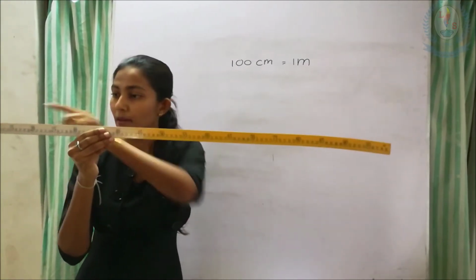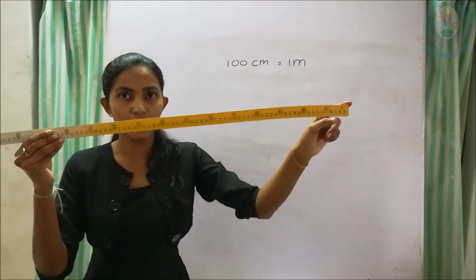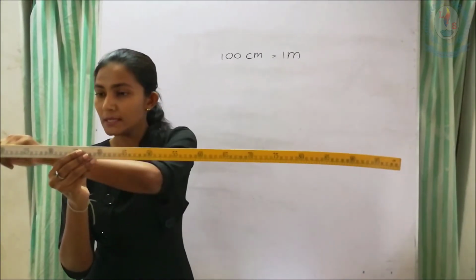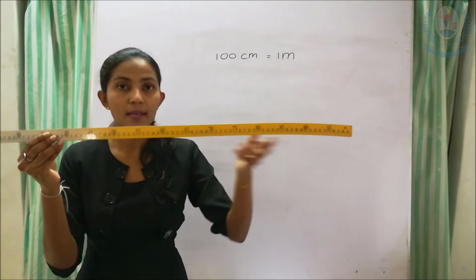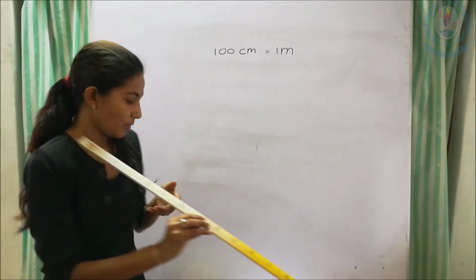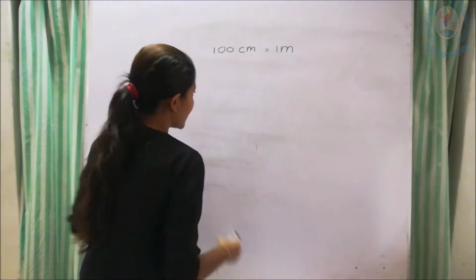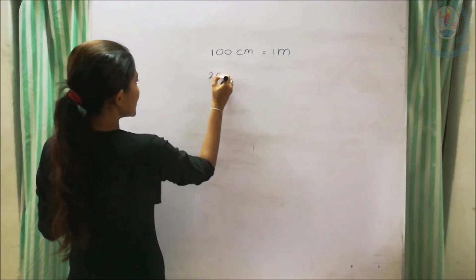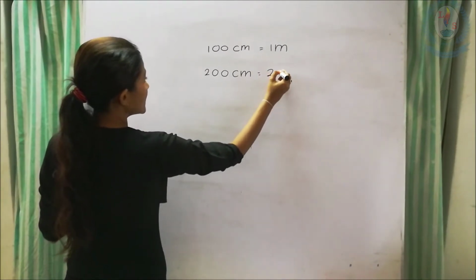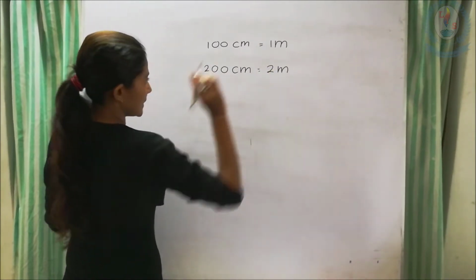Then 100 centimeters, this is 1 meter. Then guess, 200 centimeters is what? 200 centimeters is 2 meters.